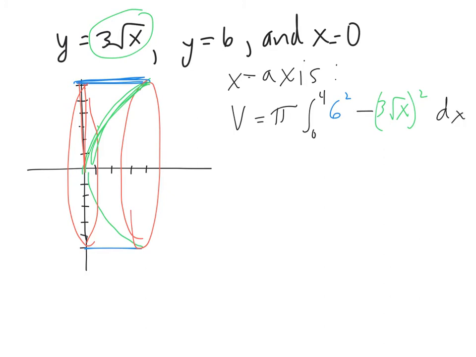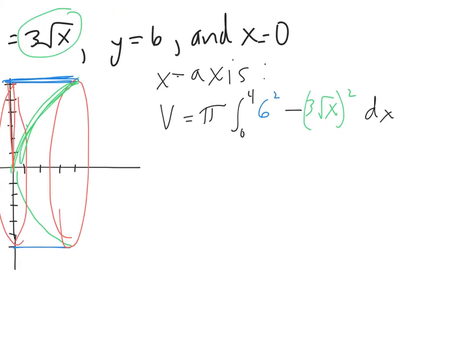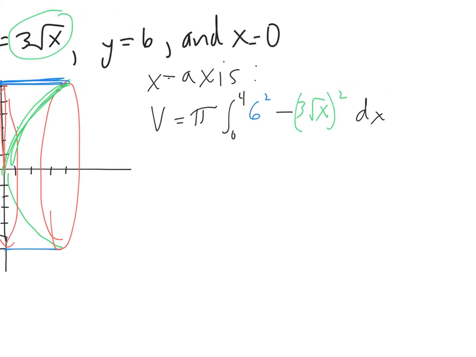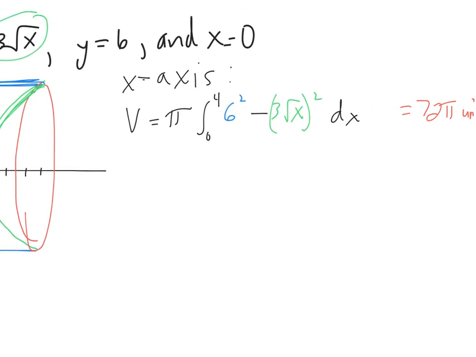So there's going to be some simplification. Final answer, if you want to do it just for the sake of making sure you know what you're doing, final answer there is going to be 72 pi units cubed, as long as I didn't make a math mistake. So if you want to go ahead and, like I said, do that. We're going to talk about a different one.